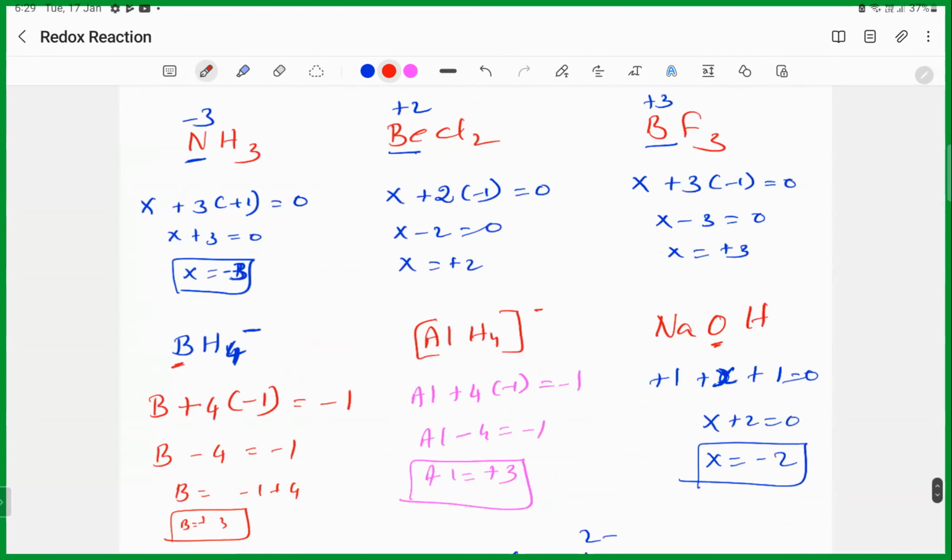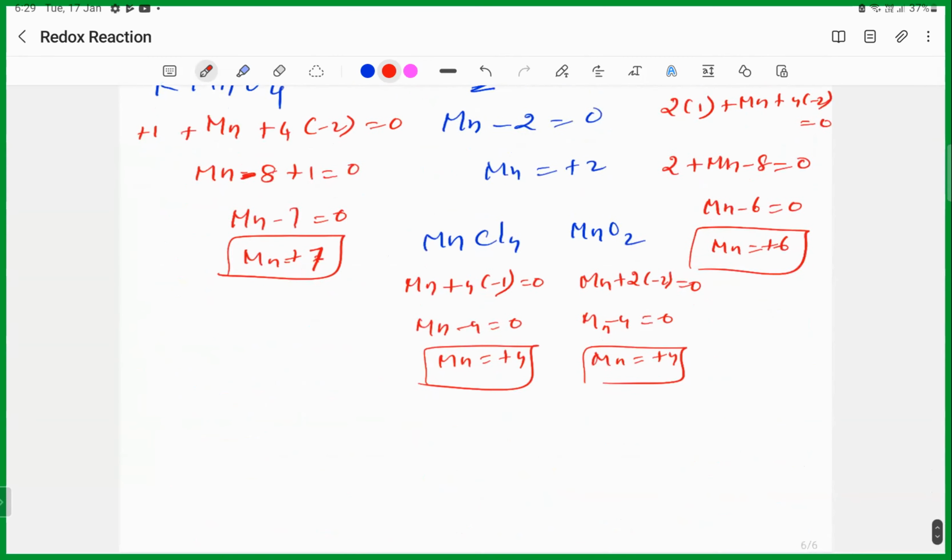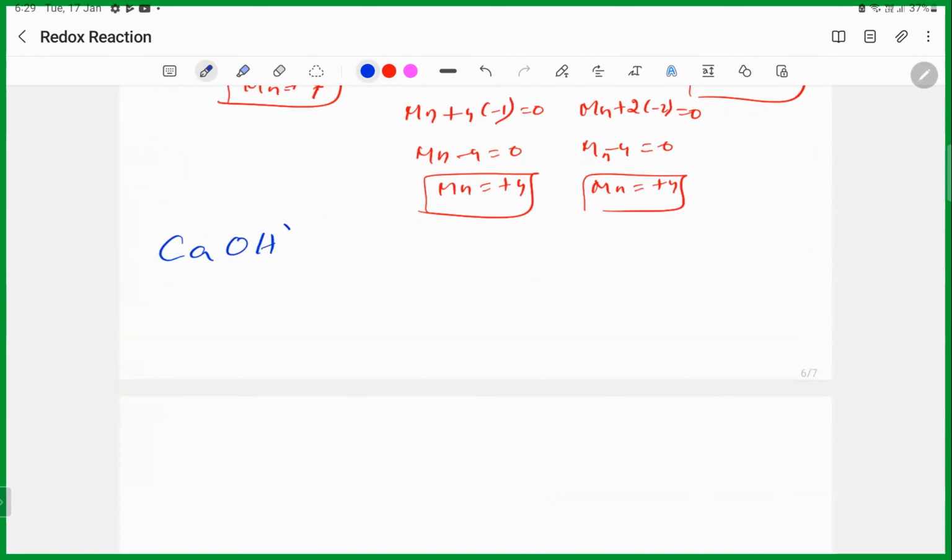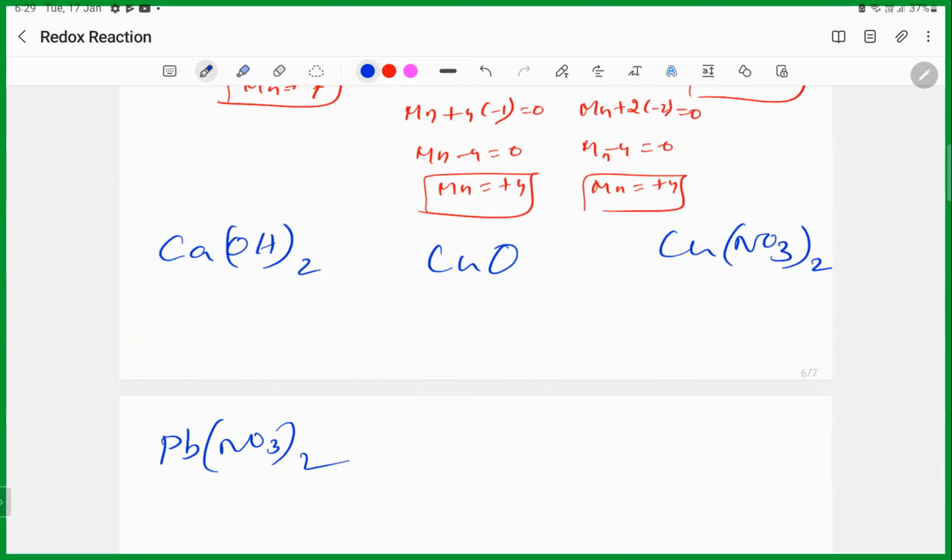Now you try calcium hydroxide, copper oxide, copper nitrate and lead nitrate. Tell me the oxidation state of the metals.